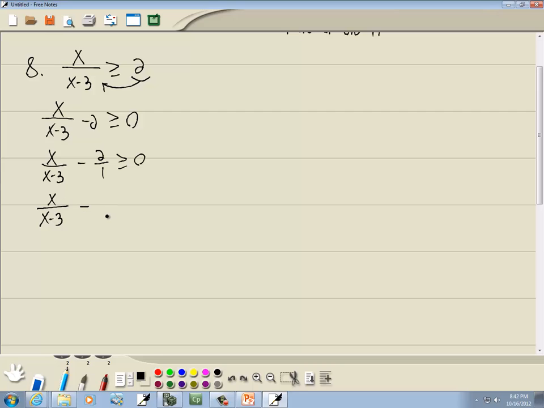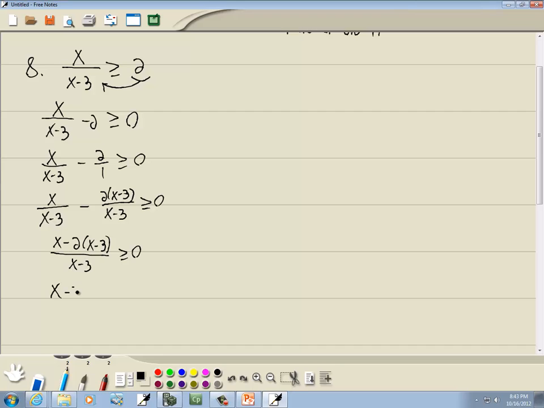And we're going to rewrite each fraction with that new denominator. Now in our second fraction here, we multiplied the bottom part by x minus 3 to get our new denominator. So we have to multiply the top part by x minus 3. Now they already have the same denominator, so I'll merge these together. So we got x minus 2 times x minus 3 over x minus 3 is greater than or equal to 0.